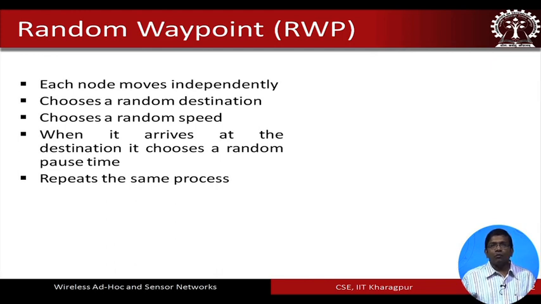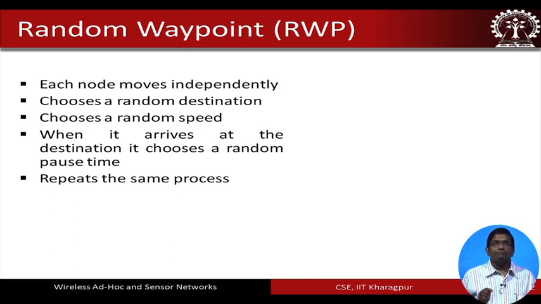The random waypoint model is a stochastic model, and these are easily diversified, the easiest to diversify, and are easier to implement as well. So, here in the RWP mobility model, each node basically moves independently of the others. So, each and every node chooses a random direction and a random speed, and when the node arrives at the destination, it chooses a random pause time.